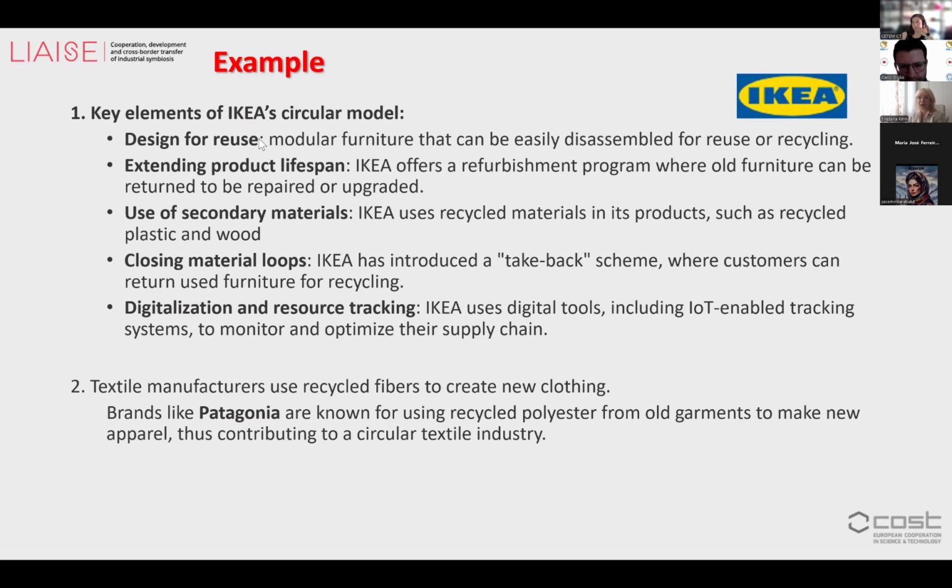For example, IKEA is one of the good examples because their modular furniture can be easily disassembled for reuse or recycling. And also brands like Patagonia are known for using recycled polyester from old materials in their production.